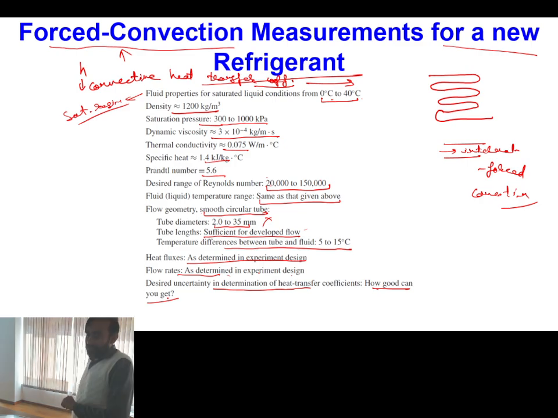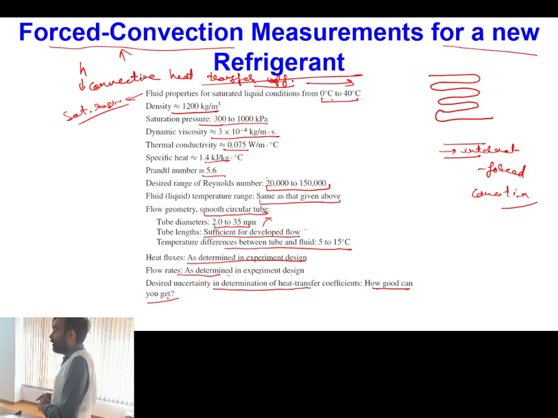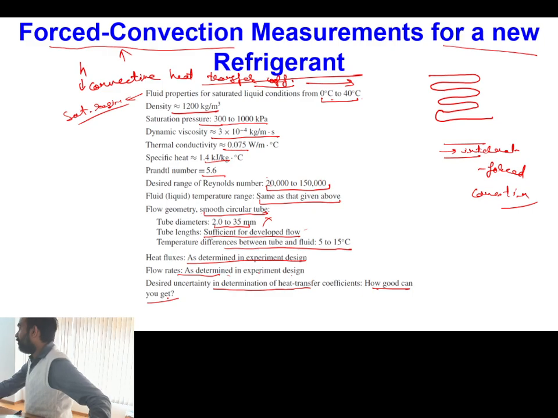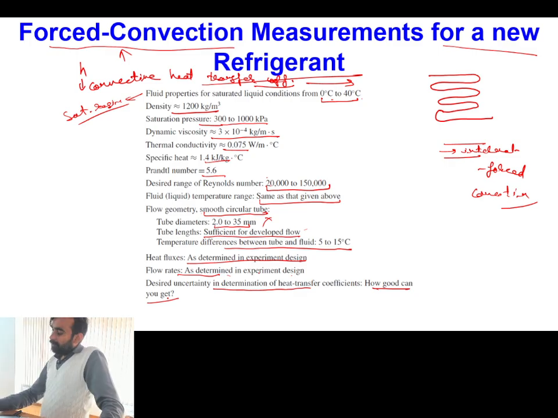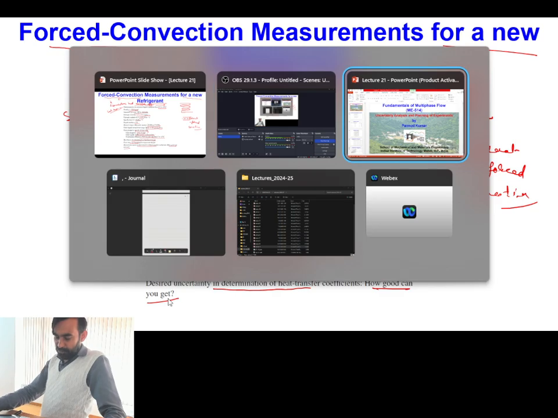Can you first tell me, because whenever you go to this analysis or decide different equipment, before that you should have a general idea of the general layout of the experimental facility, how it should look like. So can you tell me how our experimental facility should be?